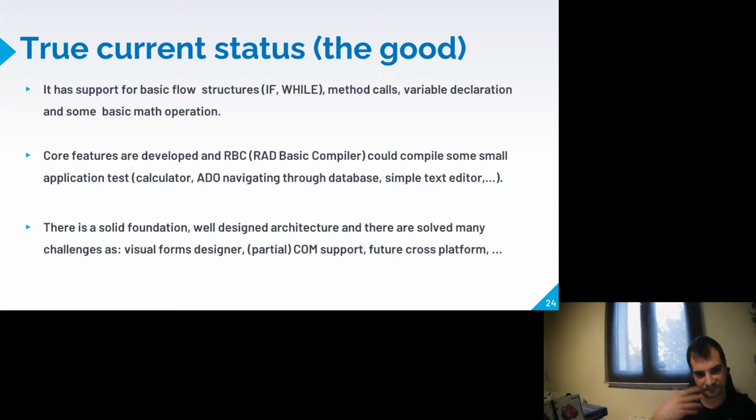But there is a lot to do in the Runtime Library. Core features are developed. It can compile some small application tests. I have published videos about a calculator, auto navigating through a database, and a simple text editor. These are small application tests already.